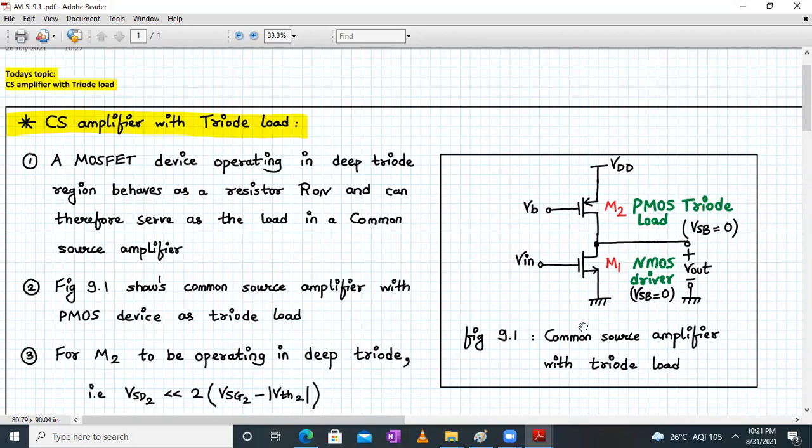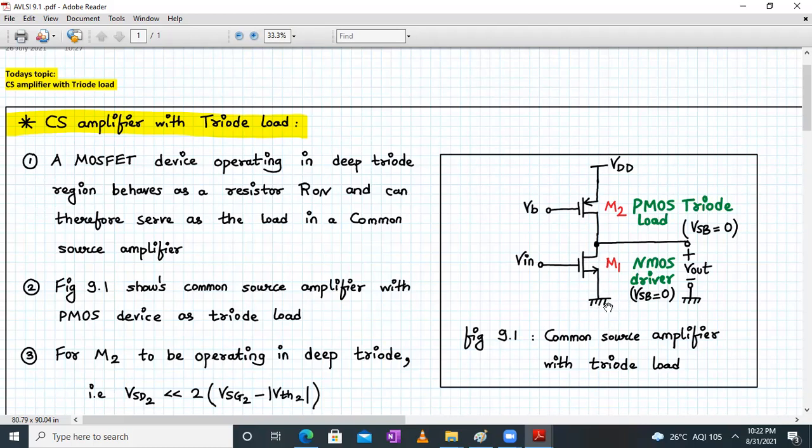So here, this is my common source amplifier with triode load, figure number 9.1, where M1 is the driver transistor and M2 is the load transistor, which is your PMOS triode load. Let's check whether M1 is suffering from body effect or not. The bulk terminal of M1 is connected to ground, as well as the source terminal.